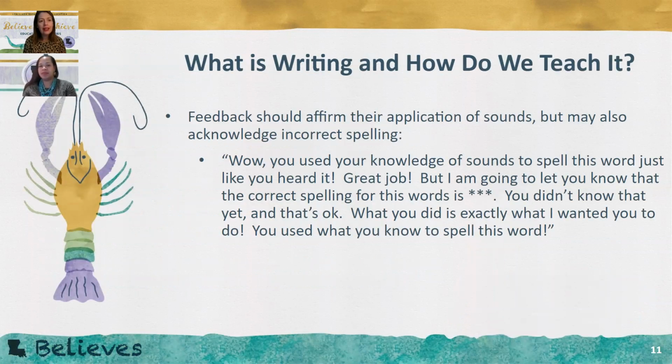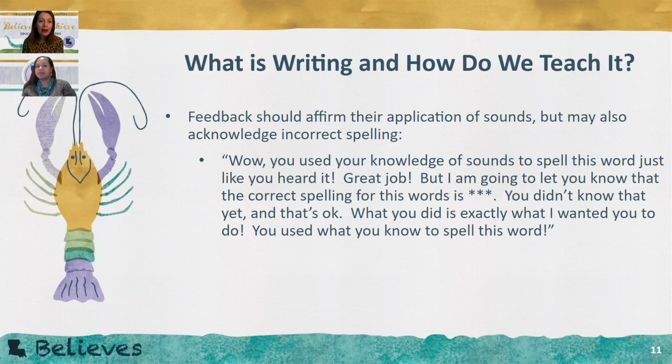Now, one of the questions that I would often get is, well, what do you do when it's spelled wrong? Well, you don't want to say, oh, this is spelled correctly, right? But the feedback that you give students should affirm their application of sounds, but it may also acknowledge the incorrect spelling.